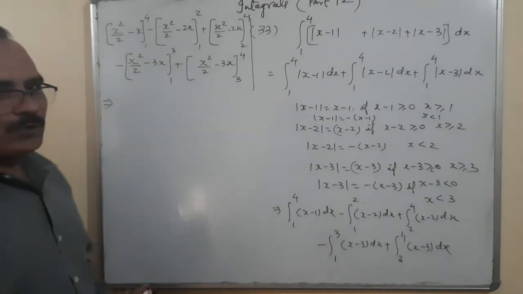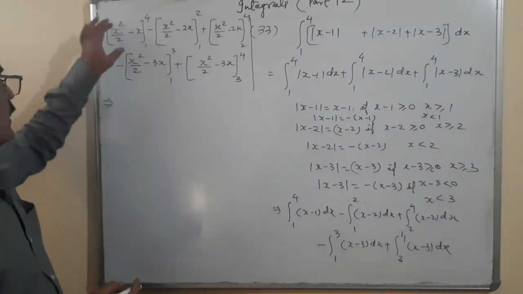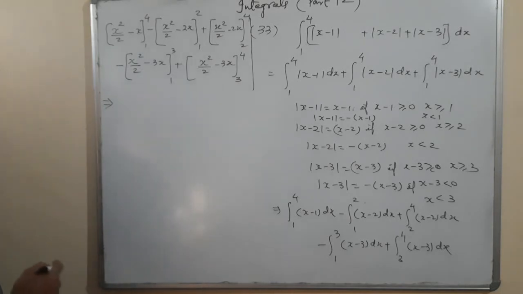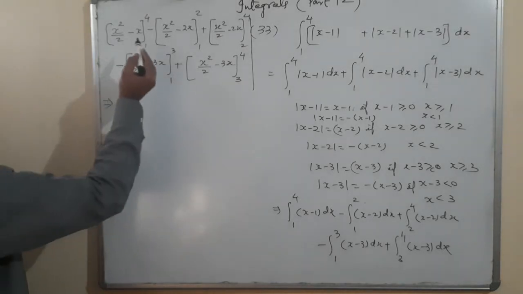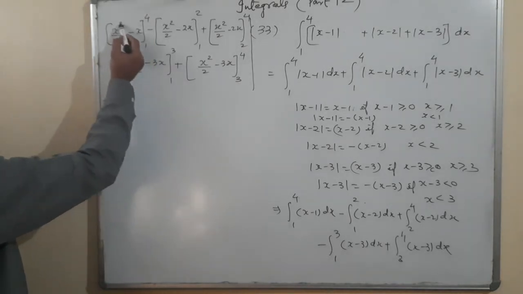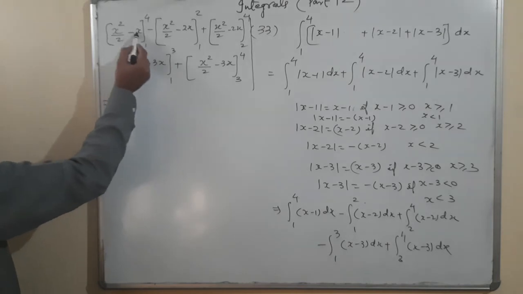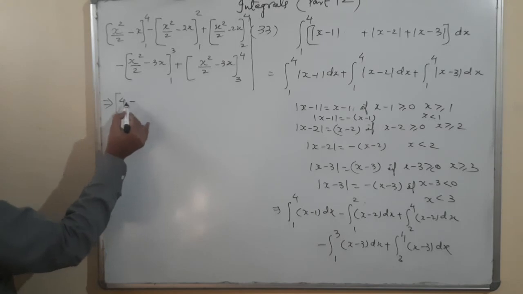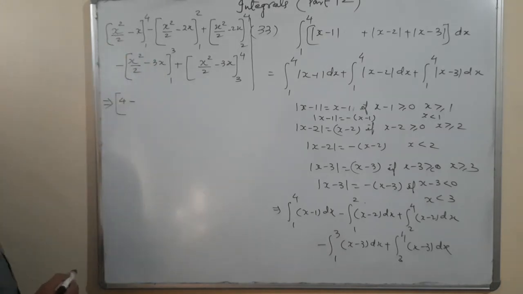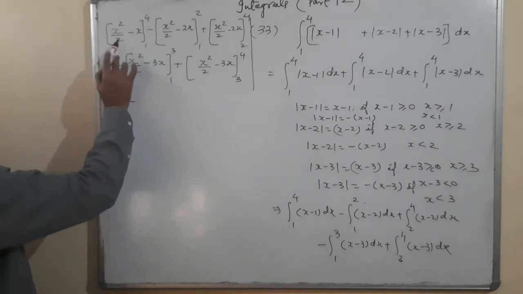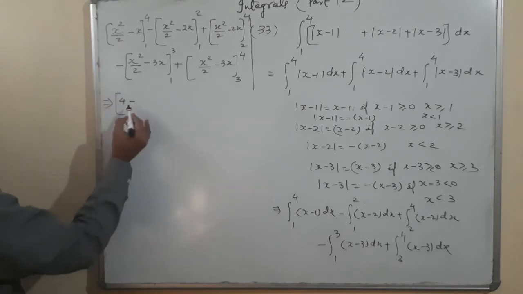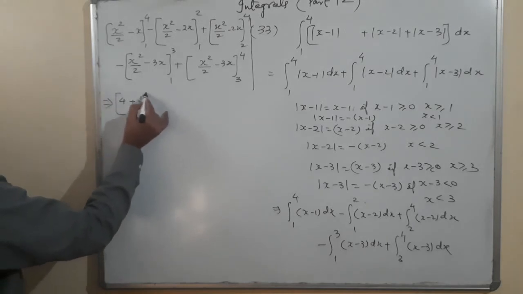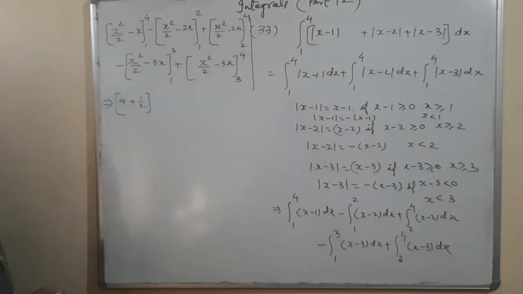Here we are going to put upper limit minus lower limit starting from here. So first I can put here 4. 4 4 is 16 upon 2, that is 8. 8 minus 4, it is 4, minus lower limit 1. So when I put here 1, 1 upon 2 minus 1, minus 1 upon 2, it is plus 1 upon 2. Agreed? First term is completed.